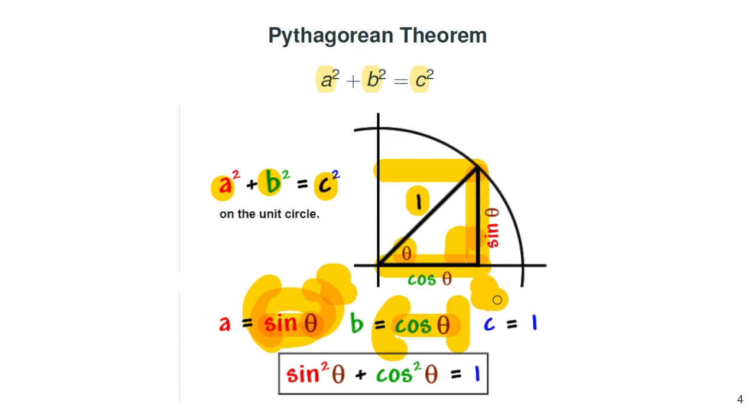The reason we put the 2 here is to not confuse it with squaring the angle theta. So this is a notation in trig functions. When you see an exponent next to sine or cosine or tangent, it means we're applying the exponent to the entire trig function. So you can think of this as cosine theta times cosine theta. This is sine theta times sine theta. Okay.